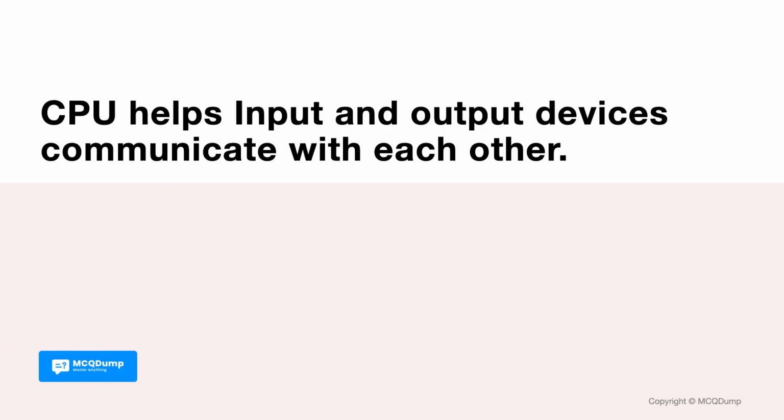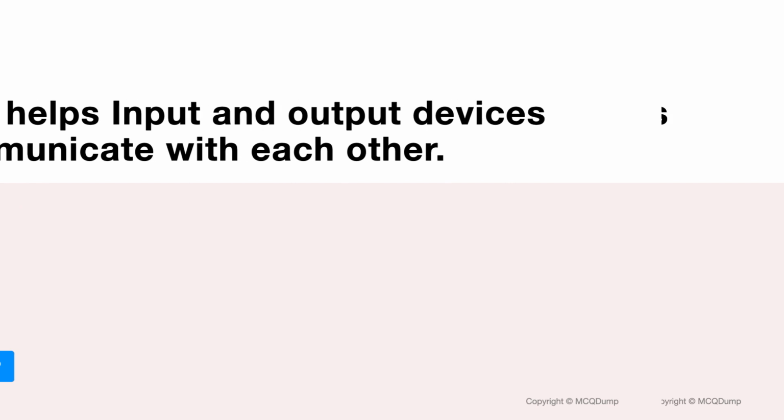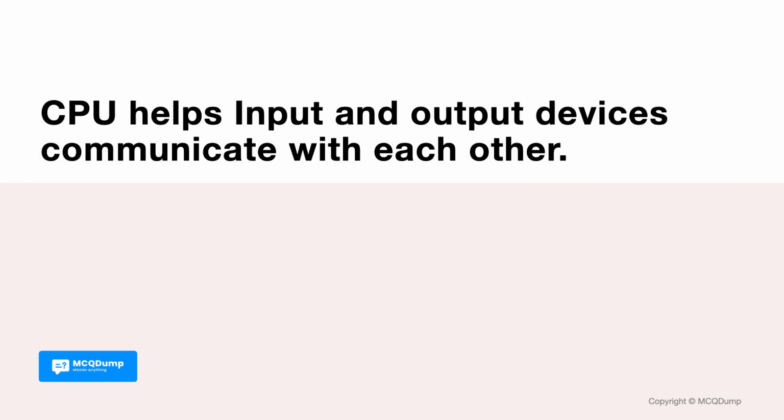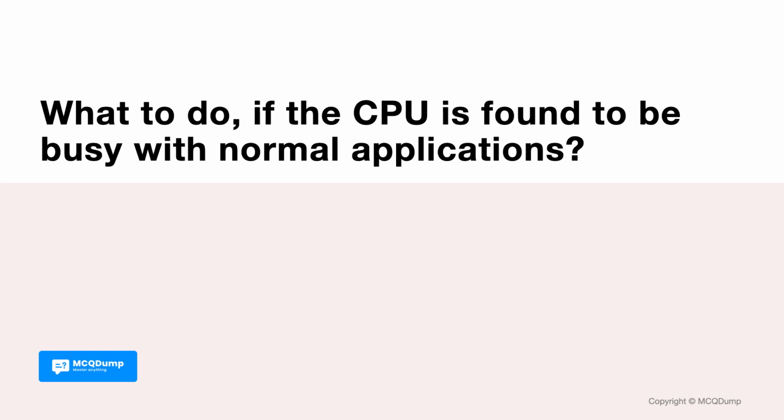CPU helps input and output devices communicate with each other. True or false? It is true. CPU helps input and output devices communicate with each other. What to do if the CPU is found to be busy with normal applications?